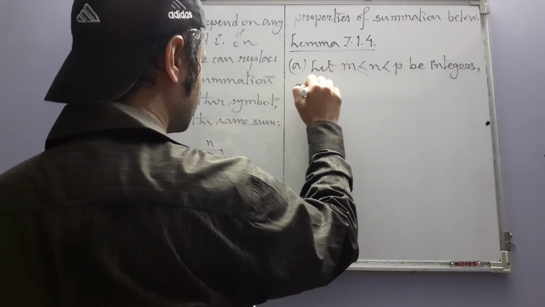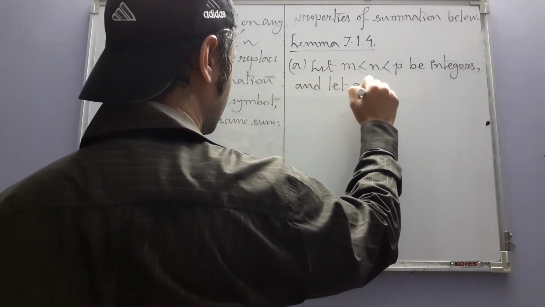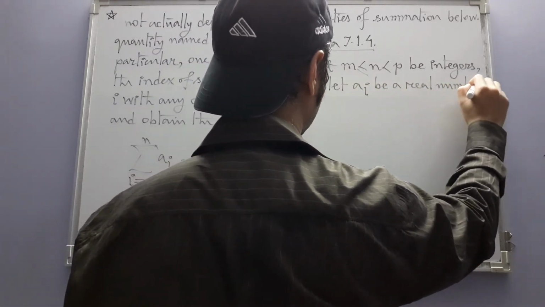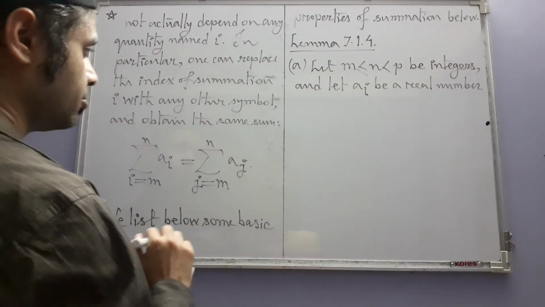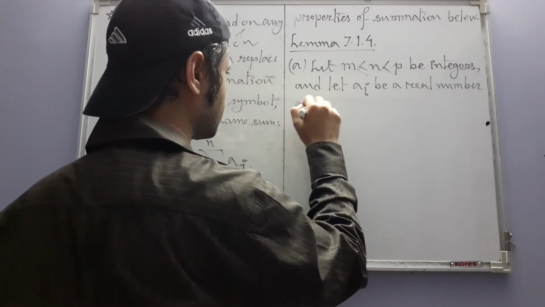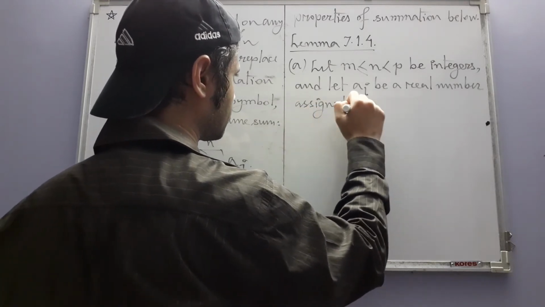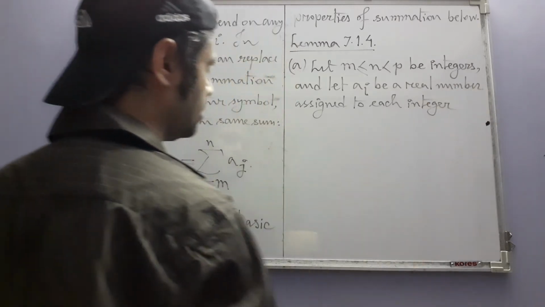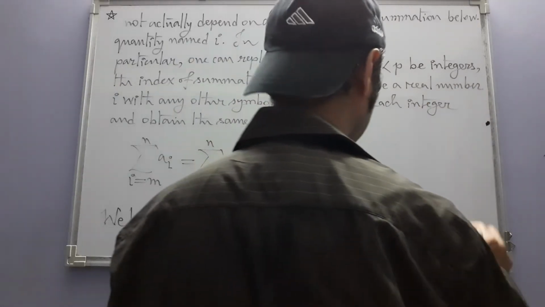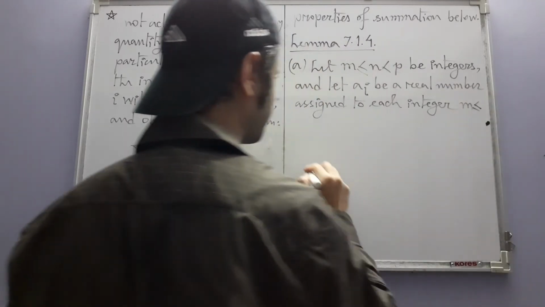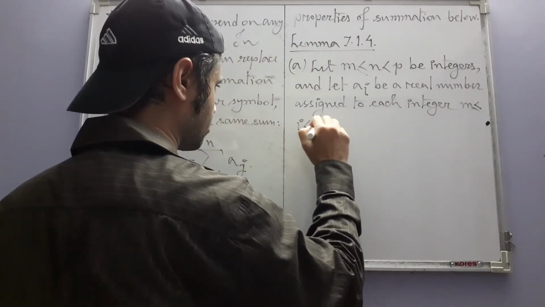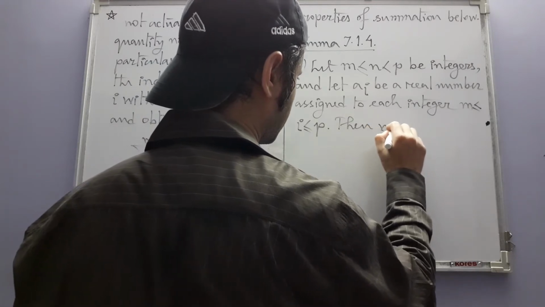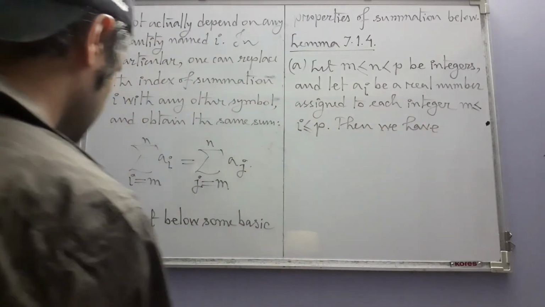And let a_i be a real number assigned to each integer i lying between m and p. Then we have this.